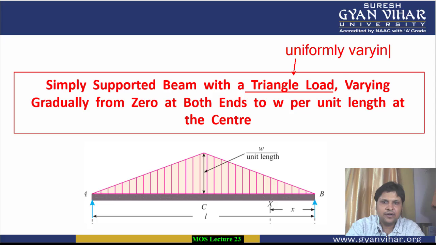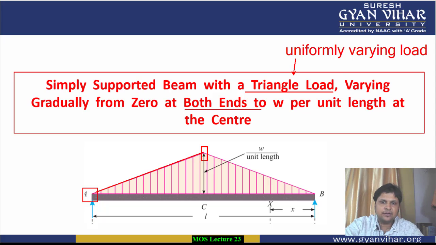Uniformly varying load means it is gradually increasing from 0 to maximum at the other end. We are considering it on both ends, and the load given to us is W per unit length, gradually increasing.